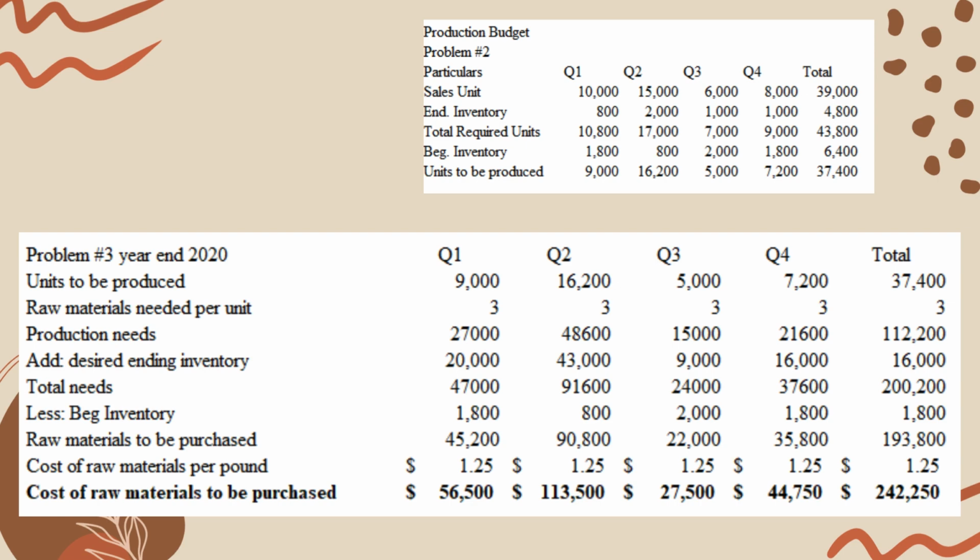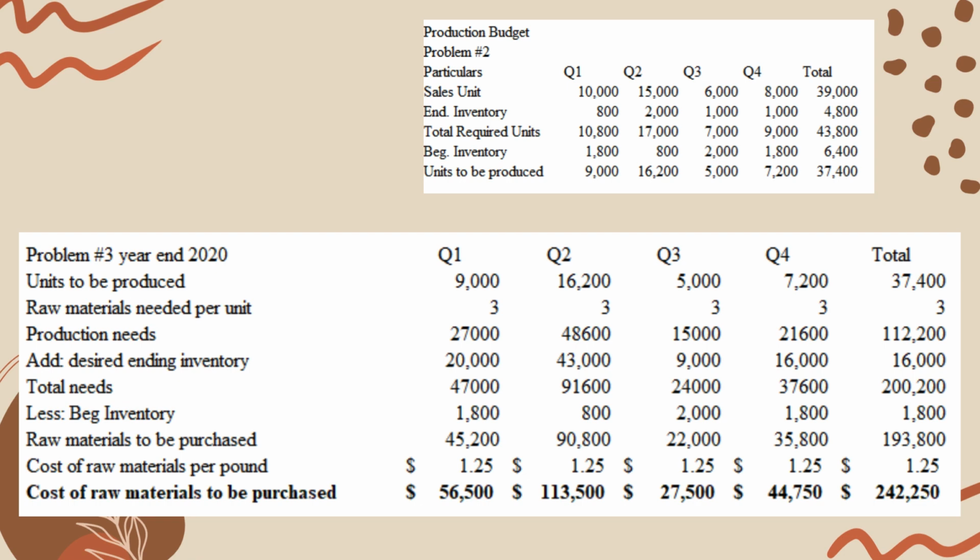And after that, we will need the cost of raw materials per pound, which is $1.25 as per the previous given. So if we multiply it by 45,200, that will come up to our total of 56,500 for quarter one.